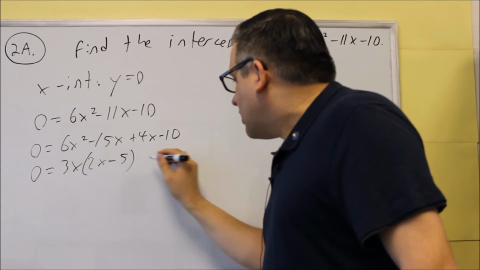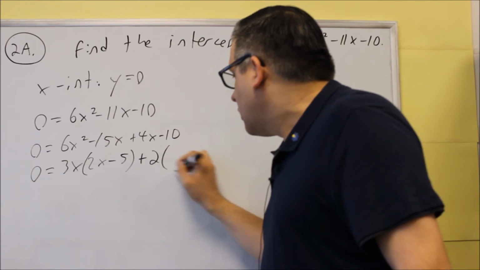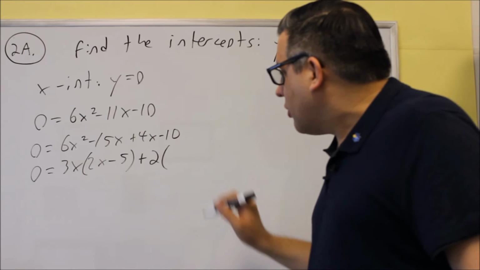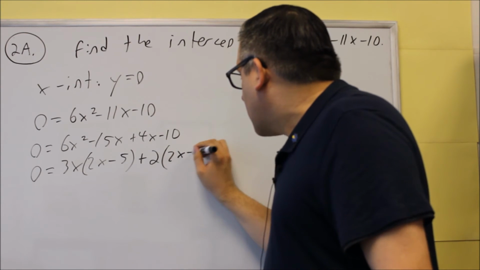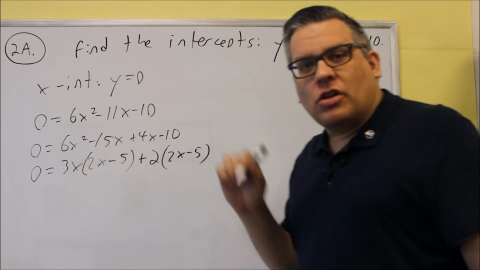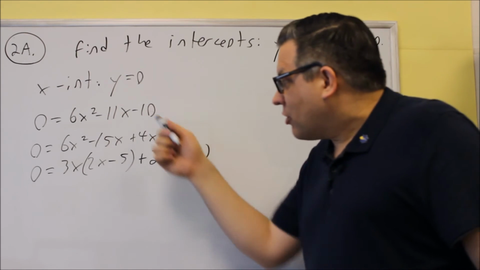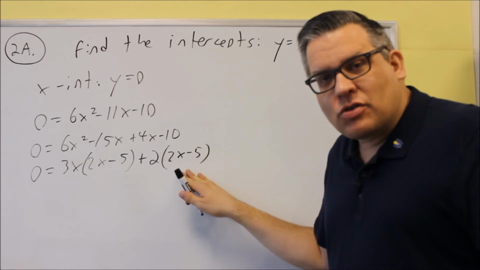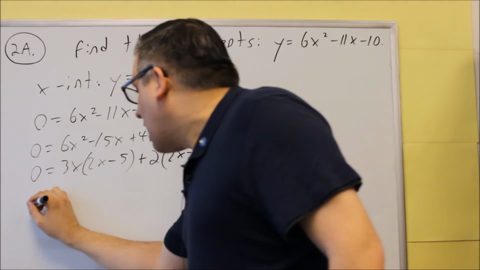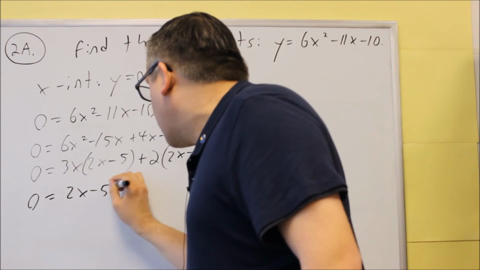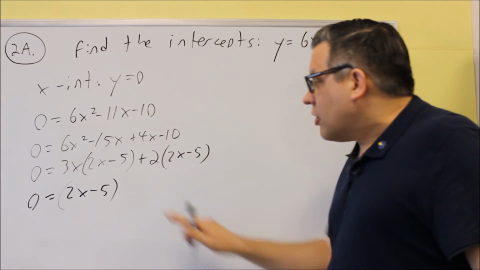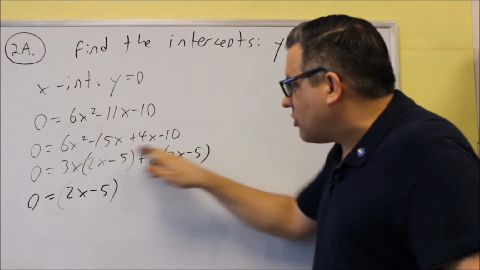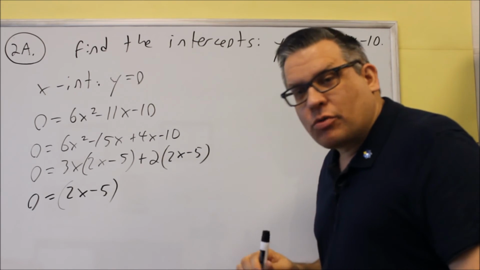A 4x and a 10, you can factor out a 2. So if you factor out a 2 there, then we'll get 2x minus 5. If you did the factoring correctly and it does factor, these two parentheses should always be the same. That's a common factor that we're going to pull out. So we're going to factor out a 2x minus 5. If we get rid of the 2x minus 5s, what we have left over is 3x plus 2.